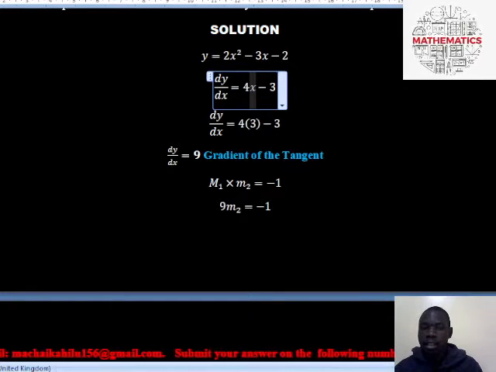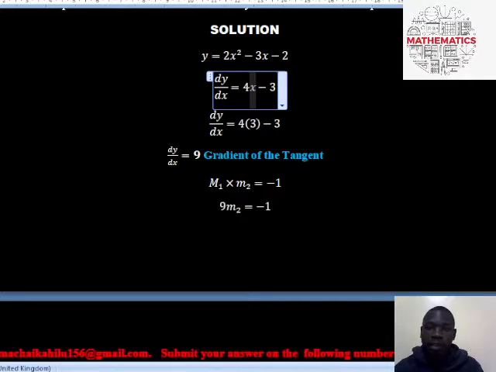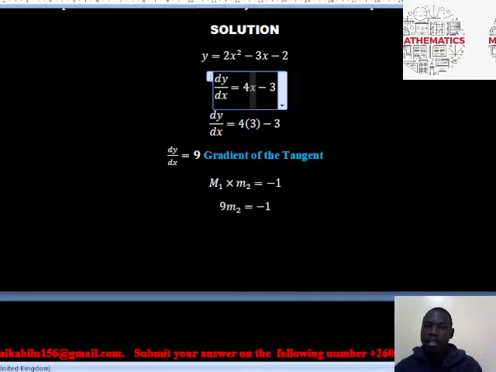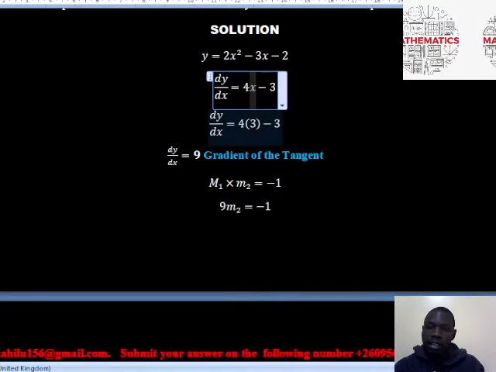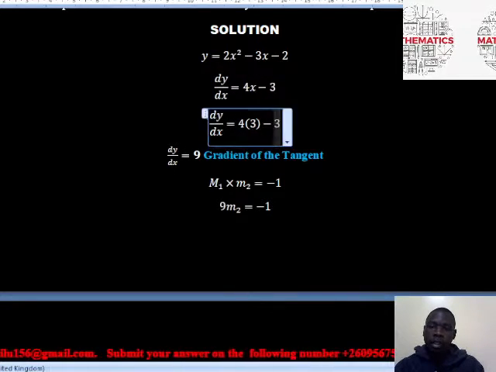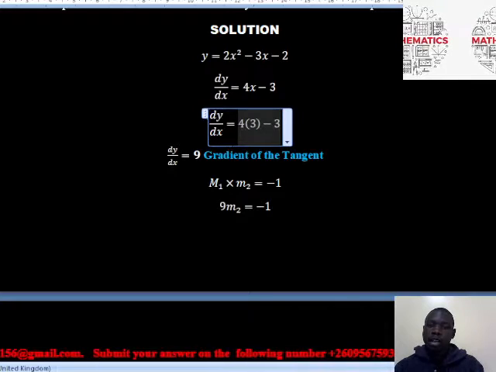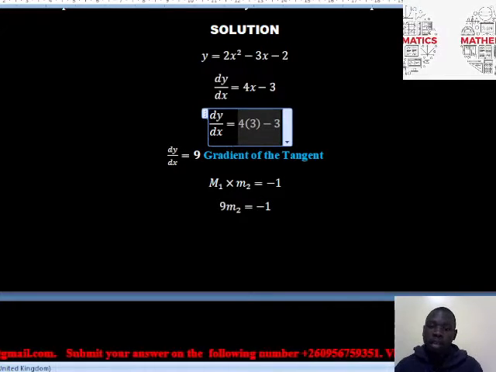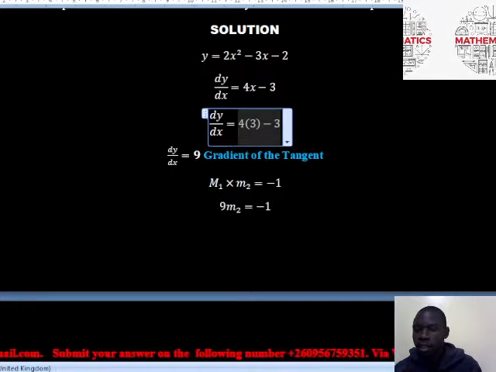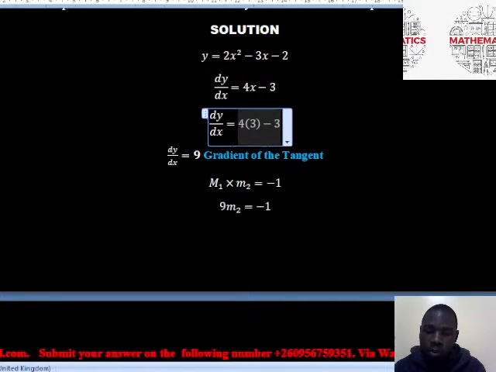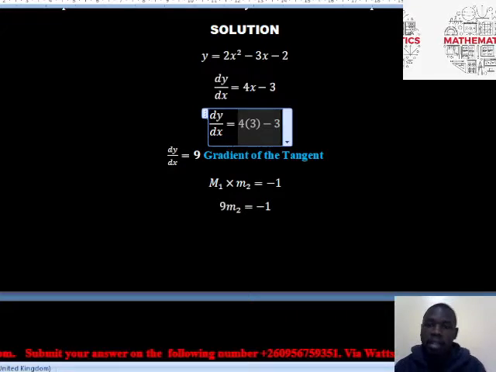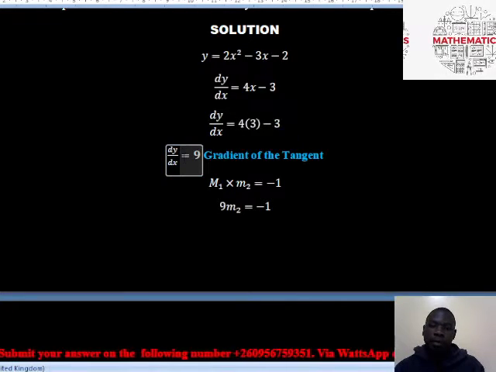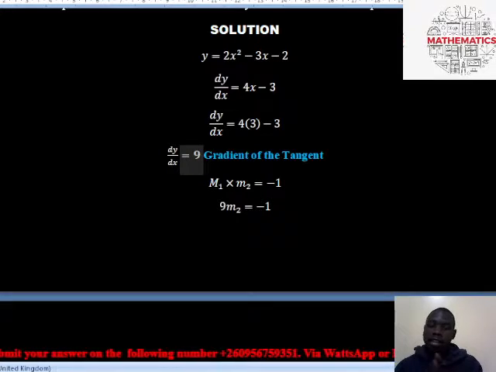In this case, they have given us x equals 3. So I'll put 3 where there is x. Then 4 times 3 minus 3. 4 times 3 is 12. 12 minus 3 will give us 9.